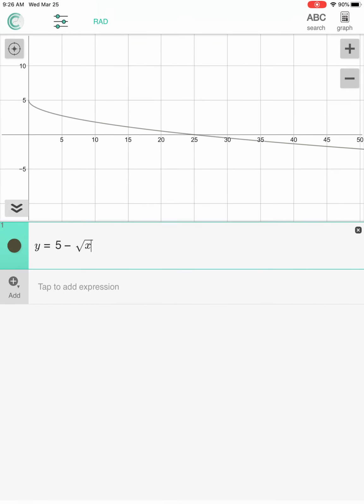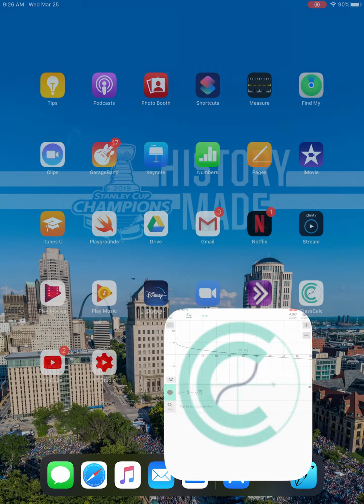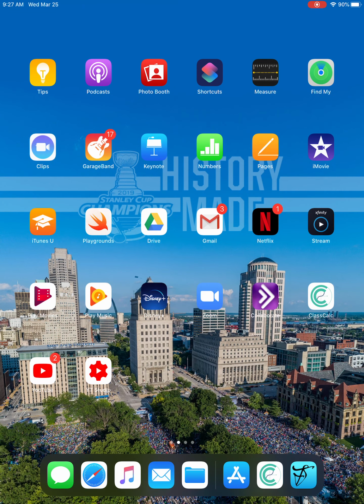So in this case, we're looking for it to be greater than 0. So that's the part that's above the x-axis. So where does it hit the x-axis? Well, it hits the x-axis at 25. We want it to be above the x-axis, so that's all of this part of the graph that's above the x-axis.